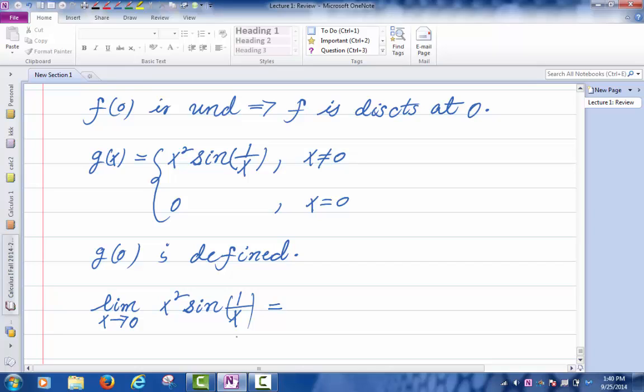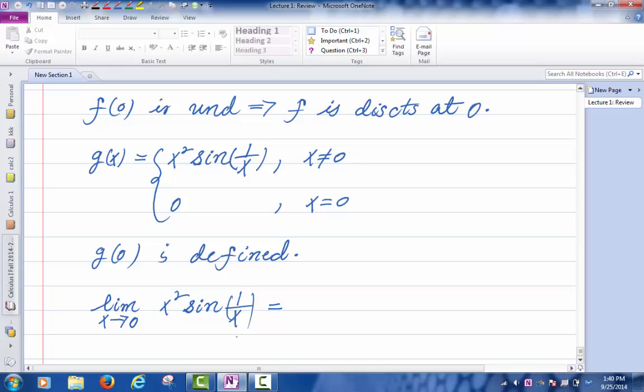However, we know that it's bounded between -1 and 1. The value of the function is always bounded between -1 and 1. However, you're multiplying that by x squared, and x squared is clearly going to 0 as x goes to 0, right? So when x is very, very close to 0, x squared is very close to 0, and sine of 1 over x is at best 1, so the product will be pretty close to 0.